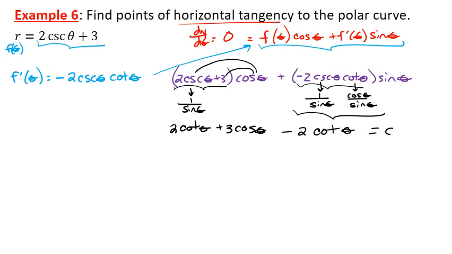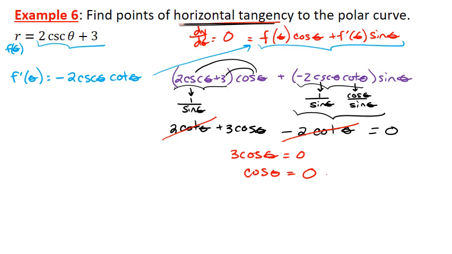We know that this needs to equal 0 in order for us to have a horizontal tangency. Wow, look at this. These cancel out, and I am left with 3 cosine of theta equal to 0. If I divide both sides by 3, cosine of theta is equal to 0.